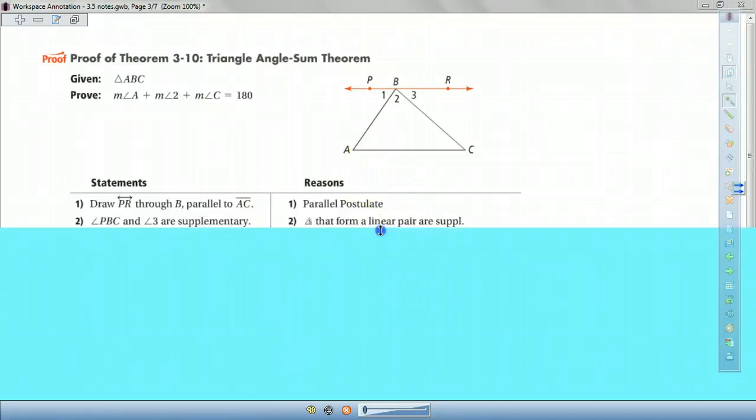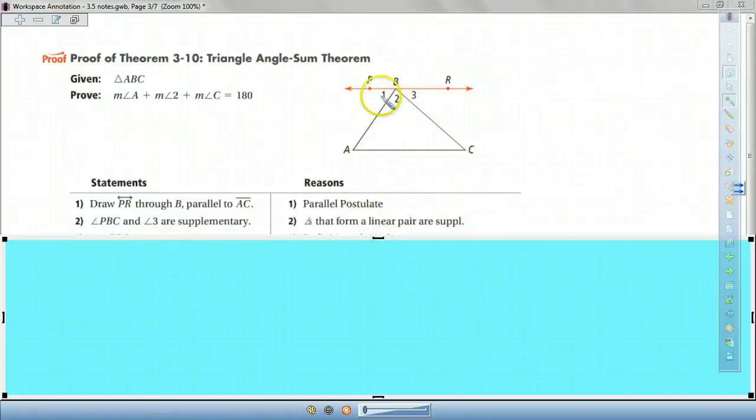Then what he did was said angle PBC and angle 3 are supplementary. Because, well, this angle plus this angle is going to add up to 180 degrees. It forms a linear pair.